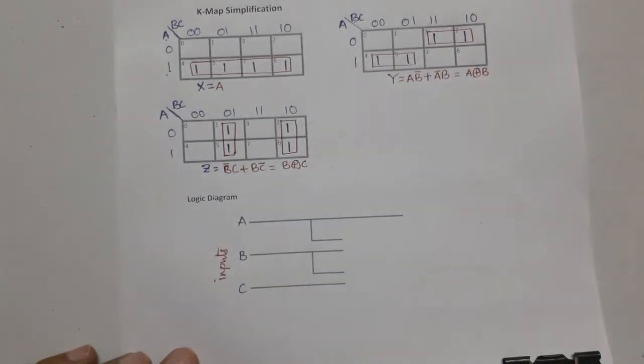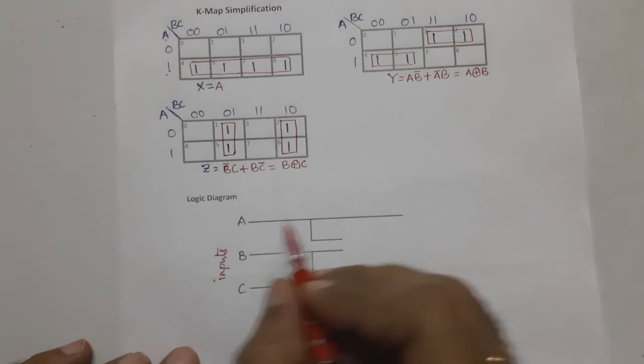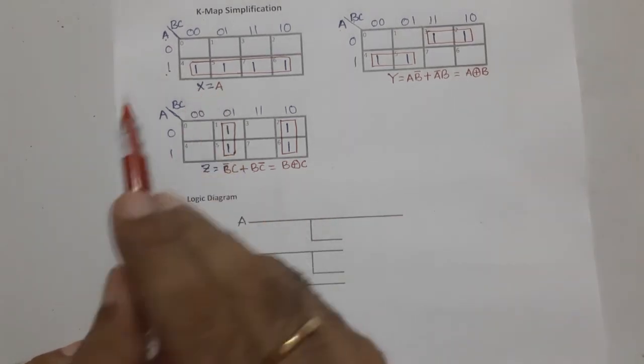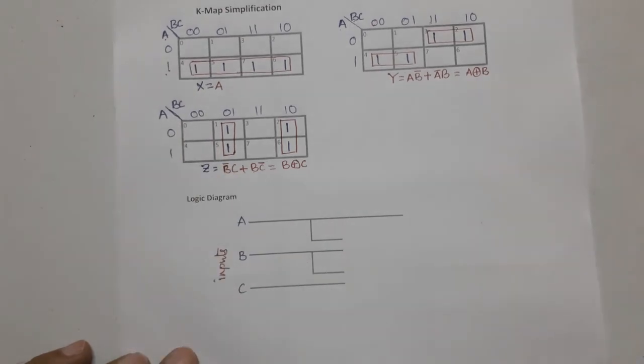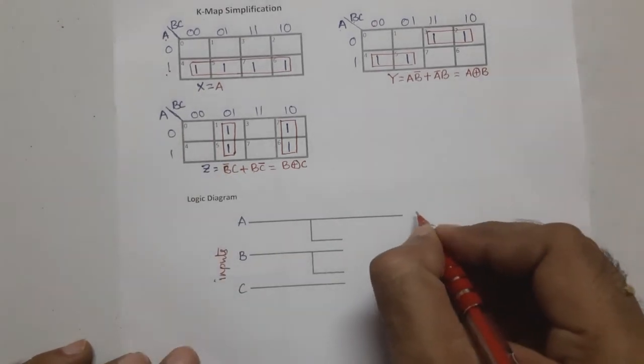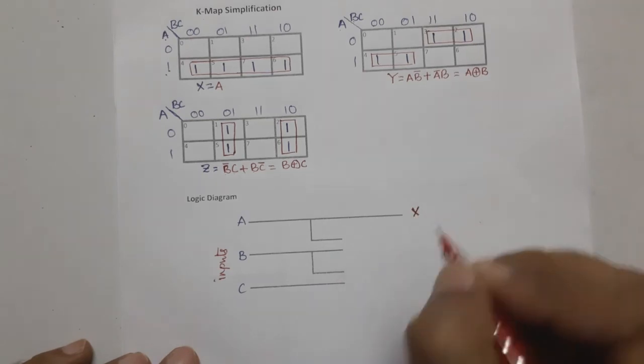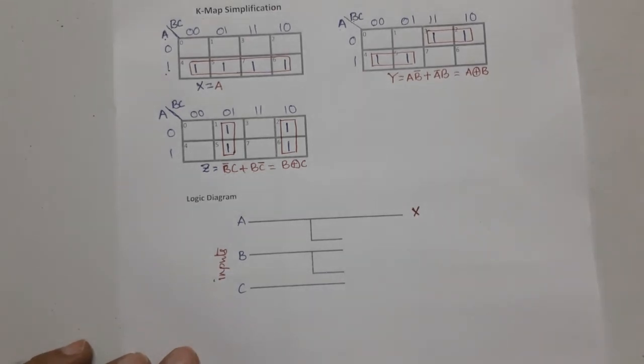And now what about X? X is equal to A. So whatever be the input A, it is nothing but X.